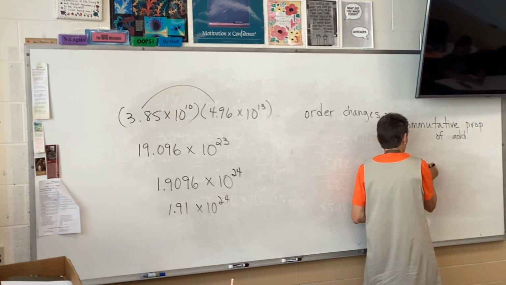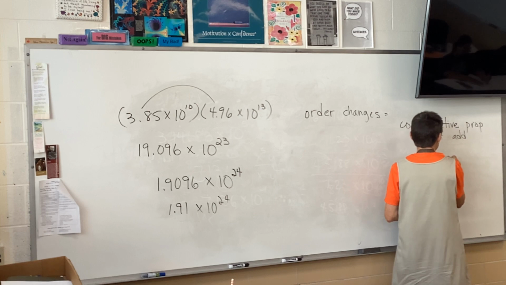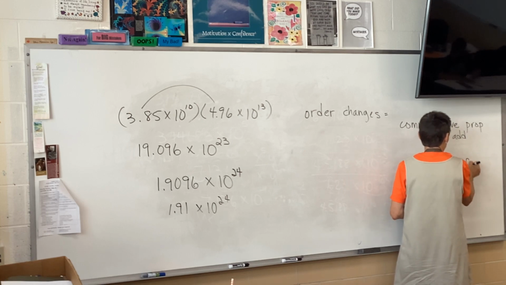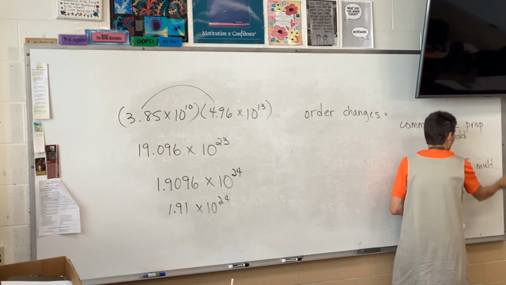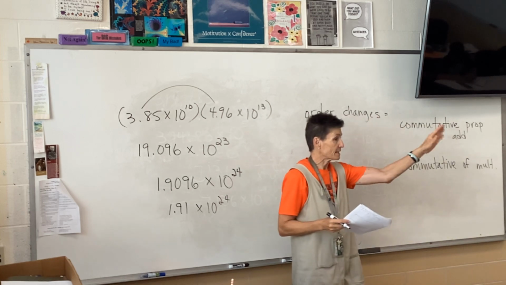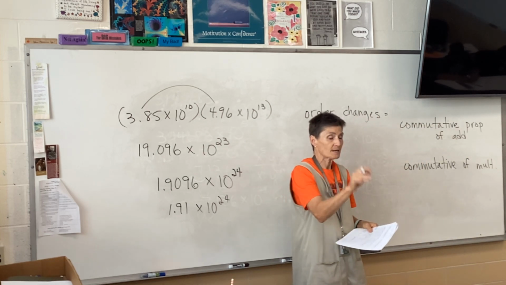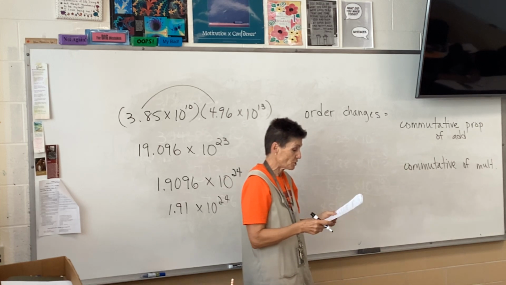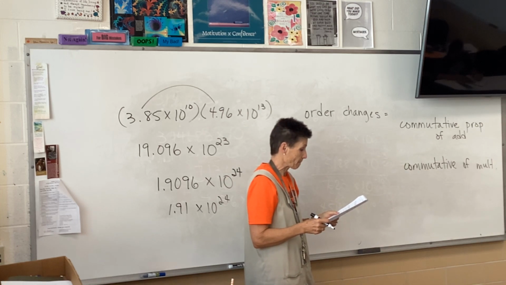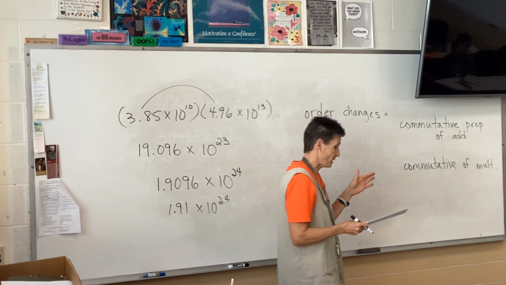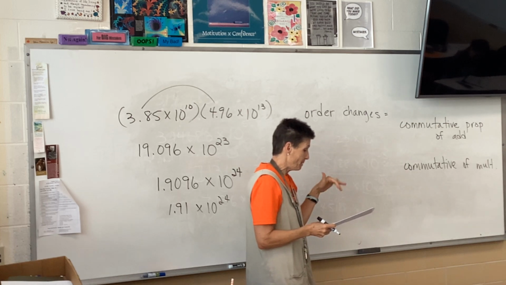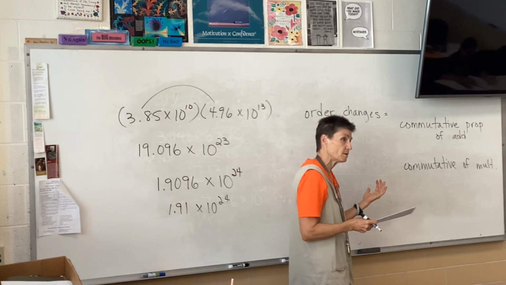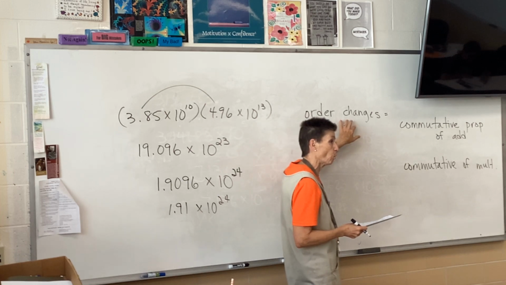So that one is going to be commutative, and you can abbreviate this, of multiplication, because it's 6 times and then times 6. So it's the multiplication order that's changing in that one. So A was distributive, we all know that. B and C are both commutative because the order is changing.